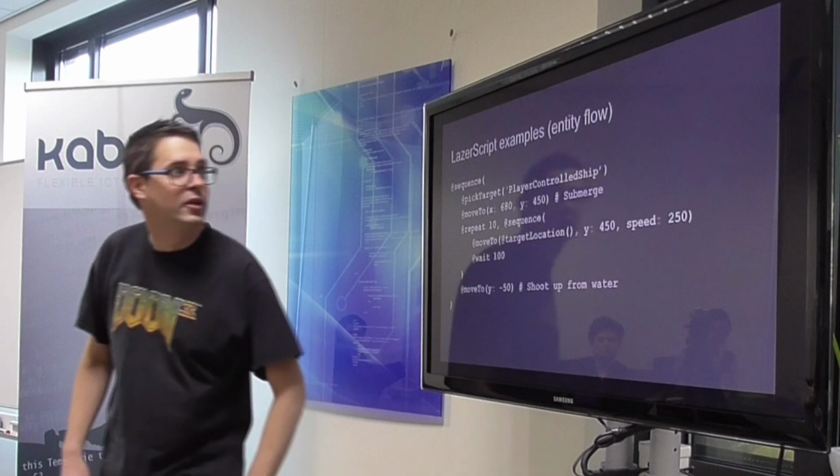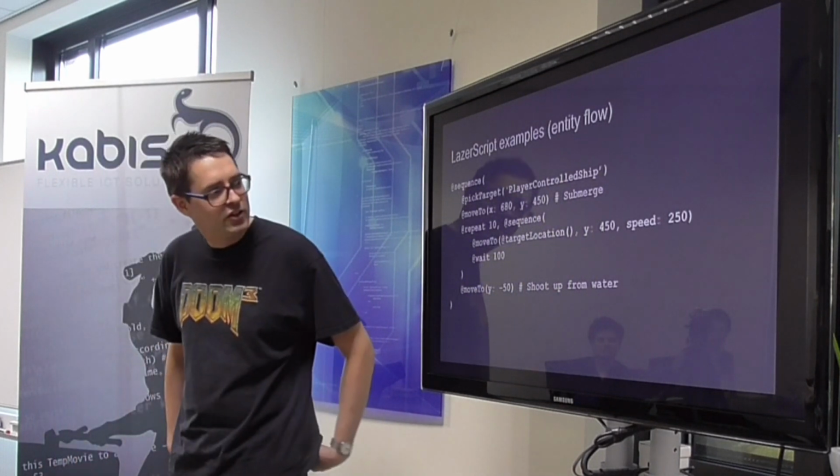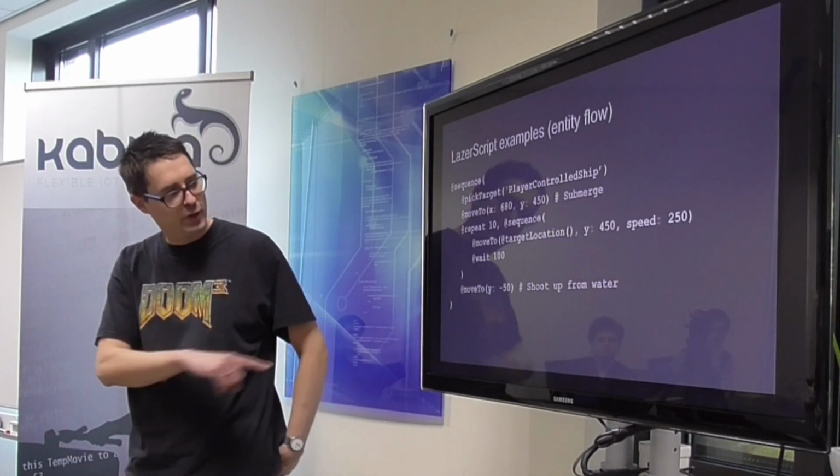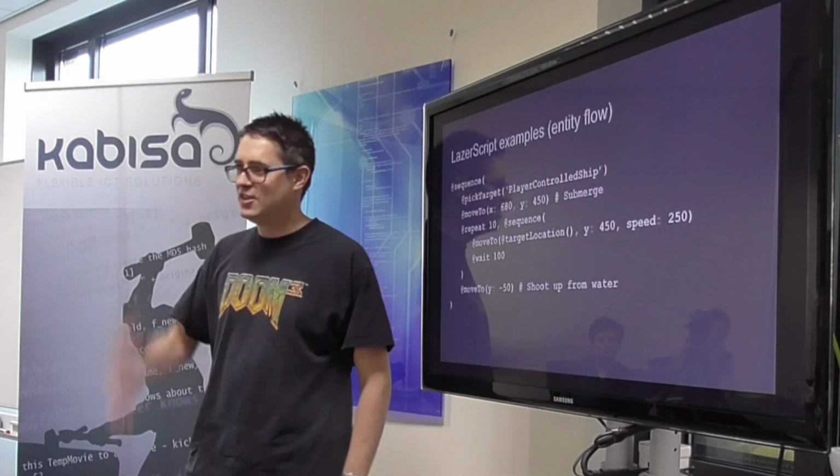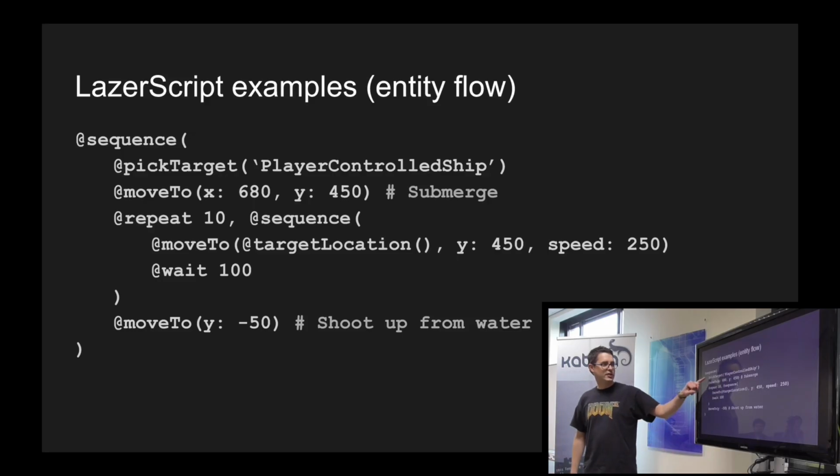And the same goes for enemy behavior. This is actually the script for the little critter that's following you on the water and then jumps up at you. So you can just say, okay, pick one. You have some sort of jQuery selectors you can use to target components in the screen.